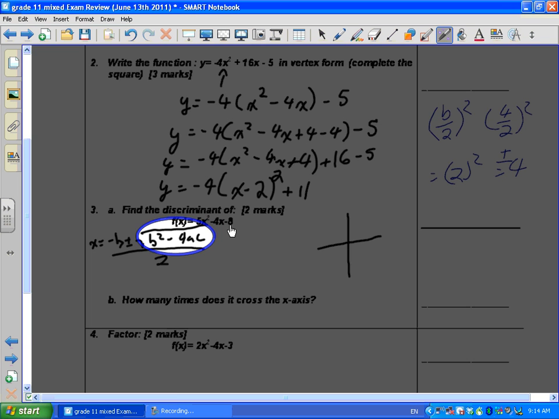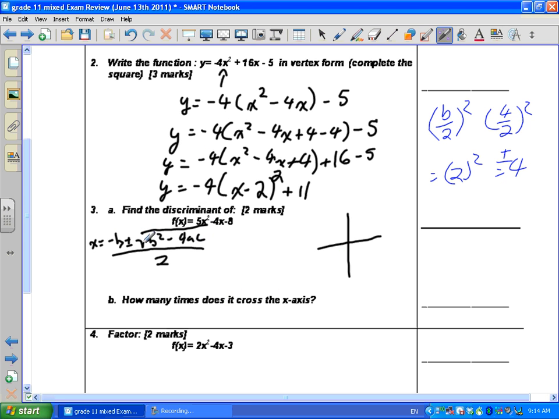Okay? It's just the b squared minus 4ac, not the square root part. So the discriminant is b squared minus 4ac. You're going to plug a, b, and c into that formula and figure out positive, negative, or 0.